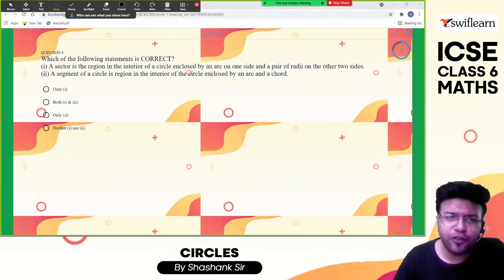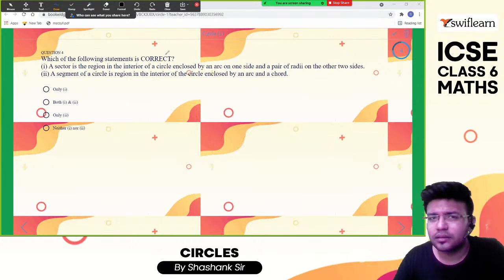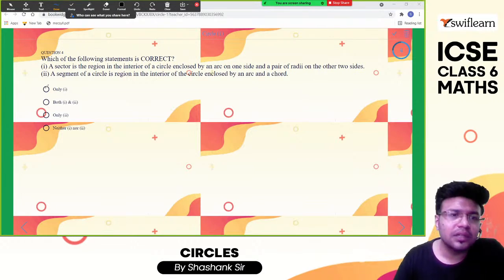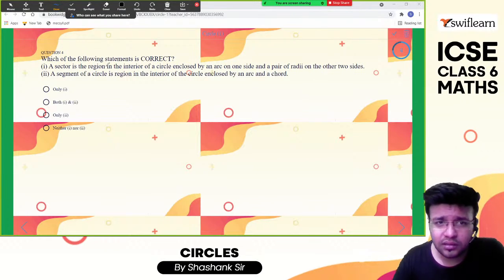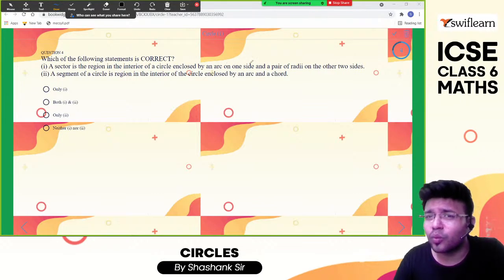Okay. Which of the following statements is correct? A sector is a region in the interior of a circle enclosed by an arc on one side and a pair of radii on the other two sides. Yes, this is true.